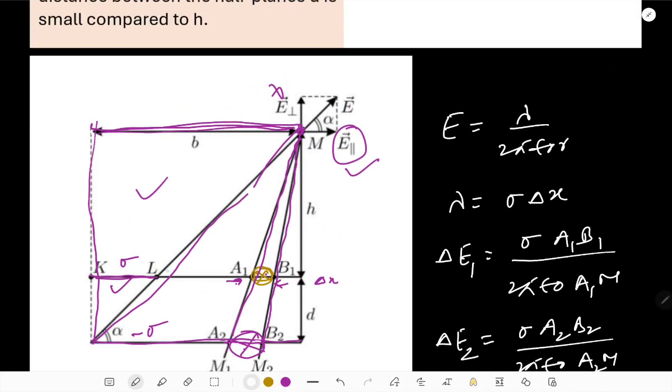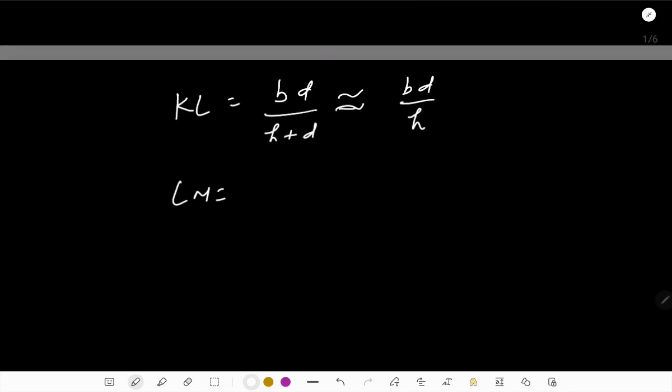LM will be from this triangle. You can calculate LM as under root H square plus B minus KL square.